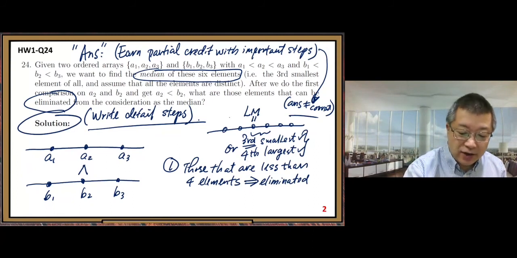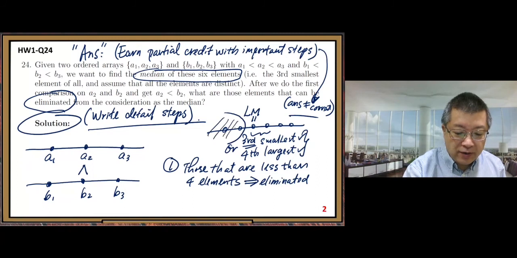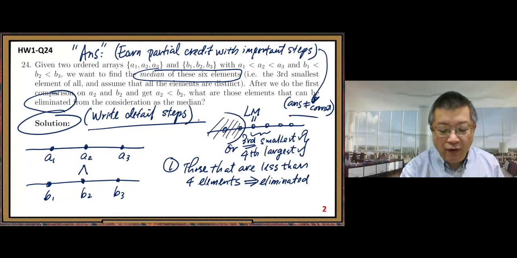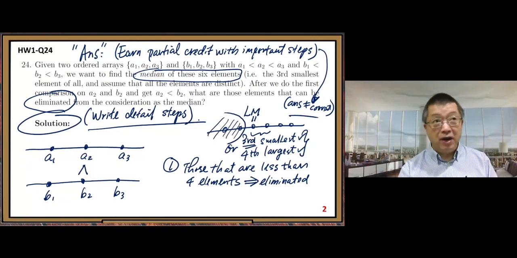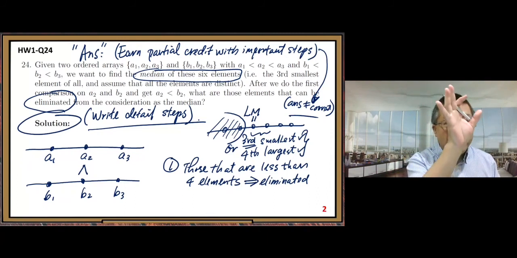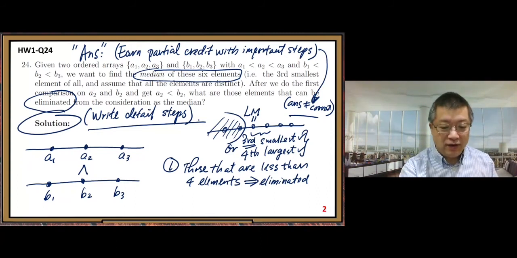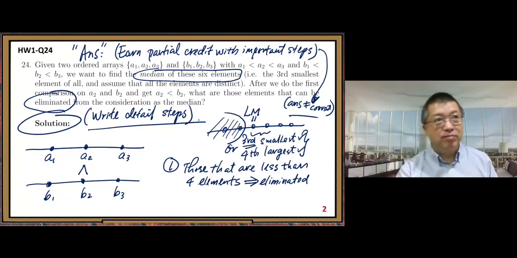So here it's like this. In this part, those elements that are less than 4 elements, if you have enough information to tell a certain number of elements that are definitely less than at least 4 elements, so that in this part they can be eliminated, because left median is outside this block, right?